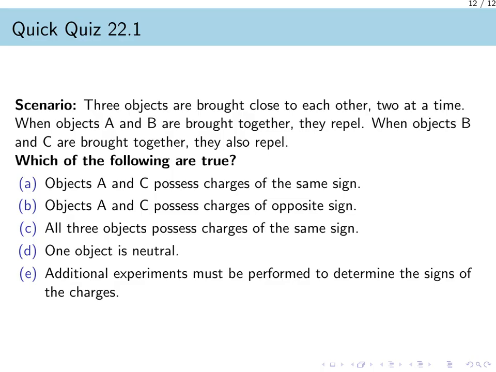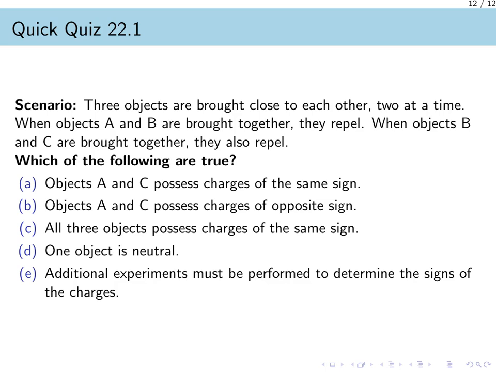Let us test our understanding with a quick conceptual scenario. Imagine 3 objects are brought close to each other, 2 at a time. When objects A and B are brought together, we observe that they repel each other. Similarly, when objects B and C are brought together, they also repel each other.